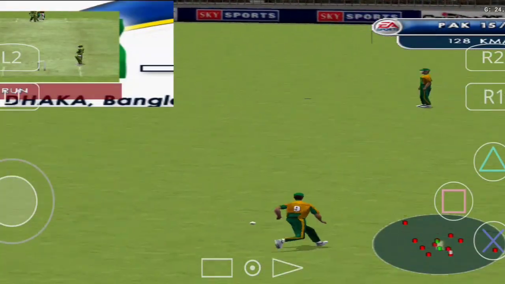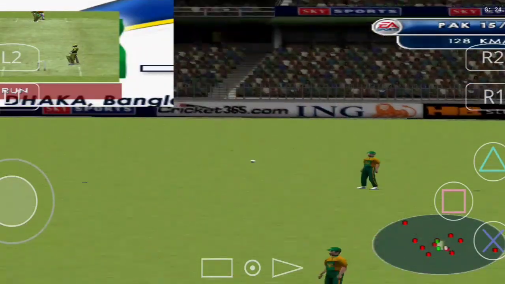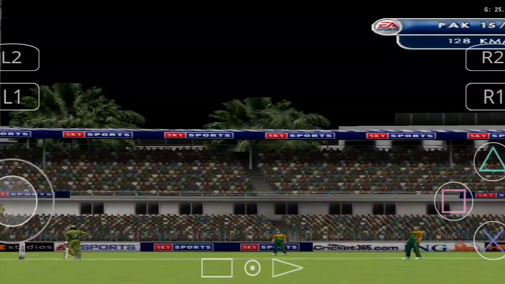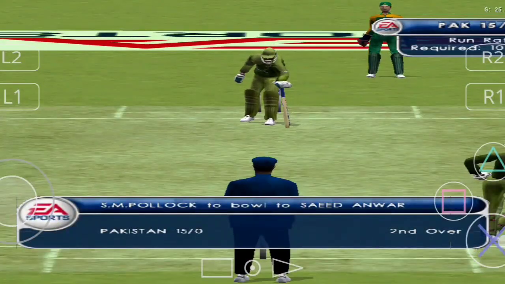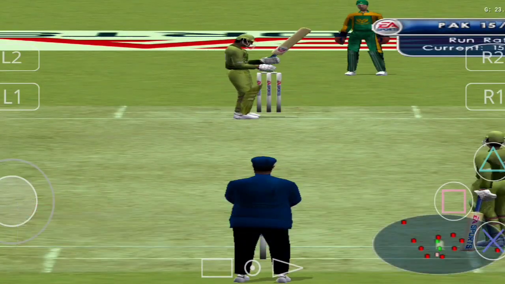He's worked that into the gap. 89 runs required. Pollock to Saeed Anwar.